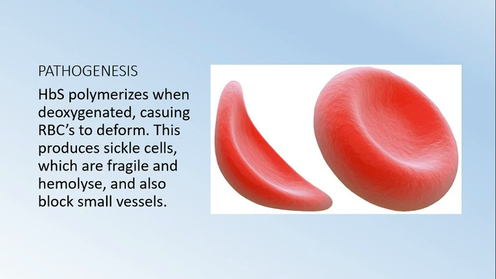These sickle cells are rather unfortunate. They are fragile and hemolyze so easily. Normally the lifespan of an RBC is supposed to be 100 days, but with sickle hemoglobin the lifespan is somewhere around 18 to 20 days.